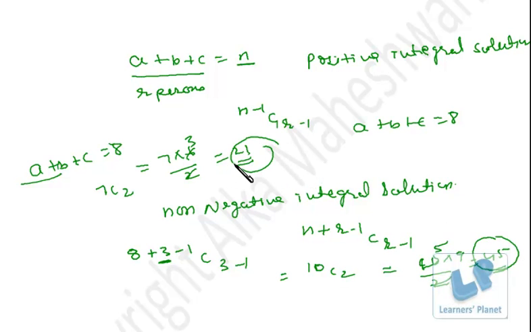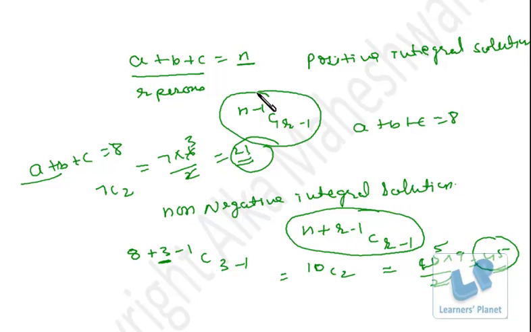One is the positive integral solution and the other is the non-negative integral solution. Now what's the difference between the two? Positive integral solution means at least 1 should be there, that means 0 is not at all allowed. And in non-negative integral solution, negative numbers are not allowed, but 0 is allowed, right? So this is the formula that you can use for non-negative integral solution. This is the formula that you can use for positive integral solution, right?